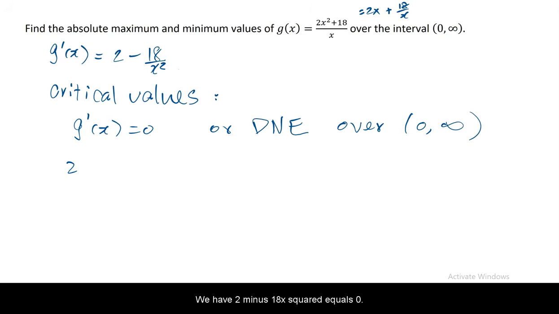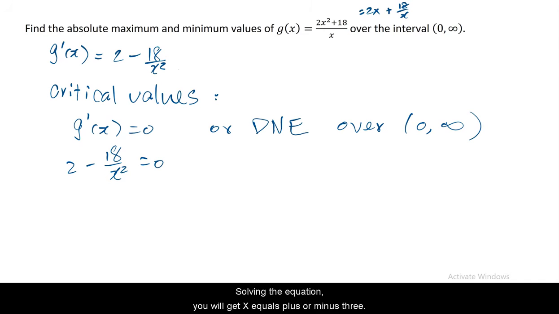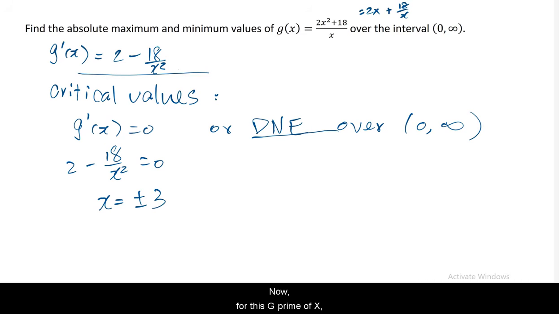We have 2 minus 18 over x squared equals 0. Solving the equation, you will get x equals plus or minus 3. Now, for this g prime of x, actually, x cannot be equal to 0, right? So where is it undefined? Basically at x equal to 0.